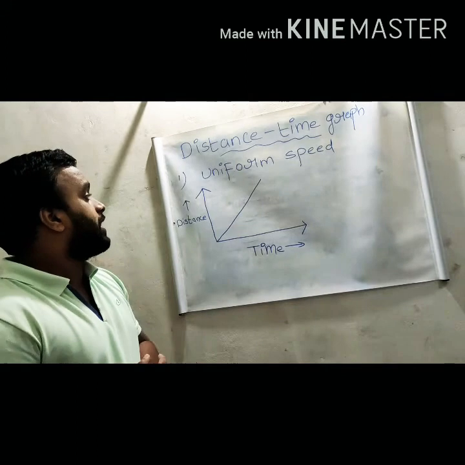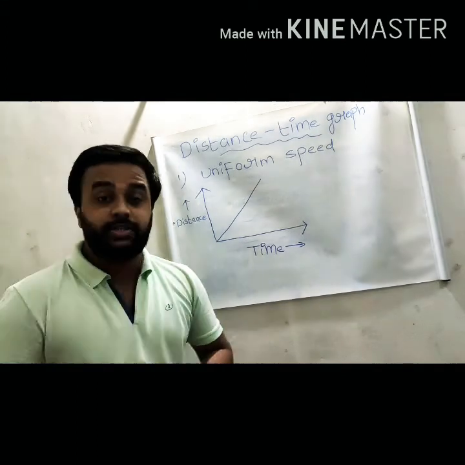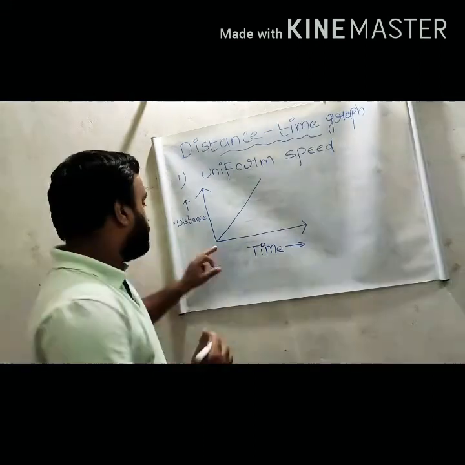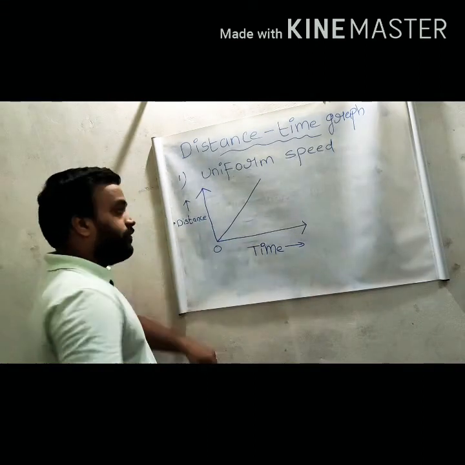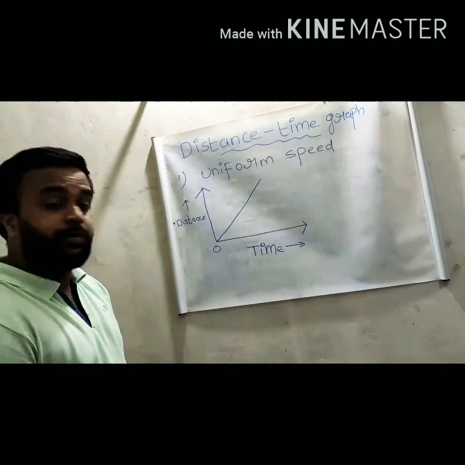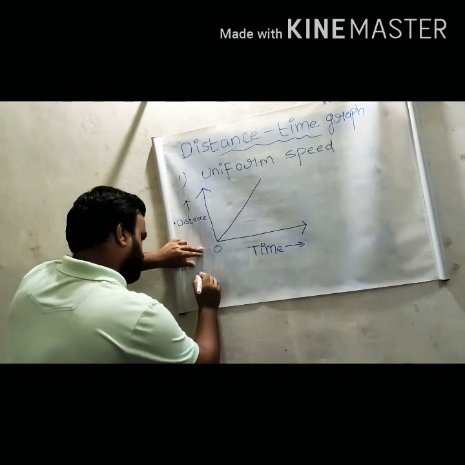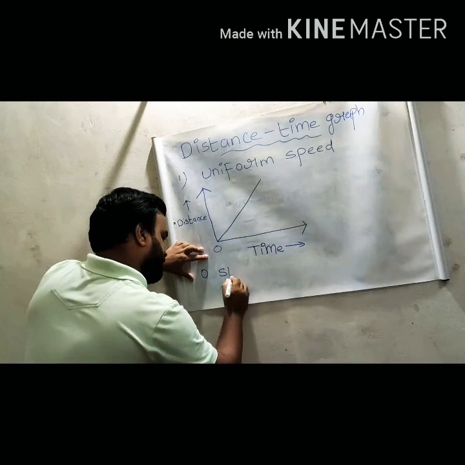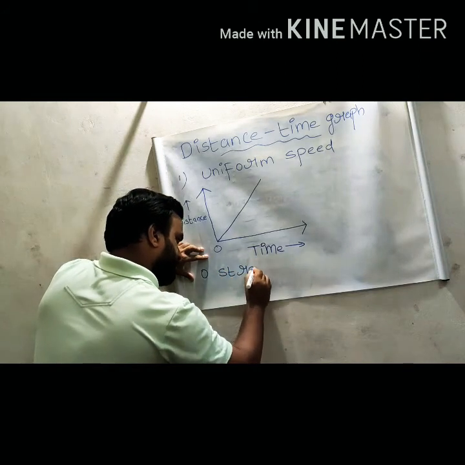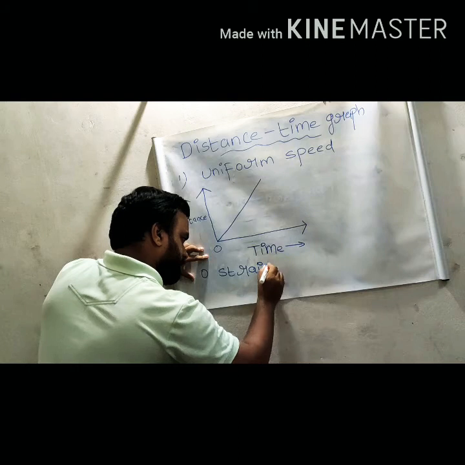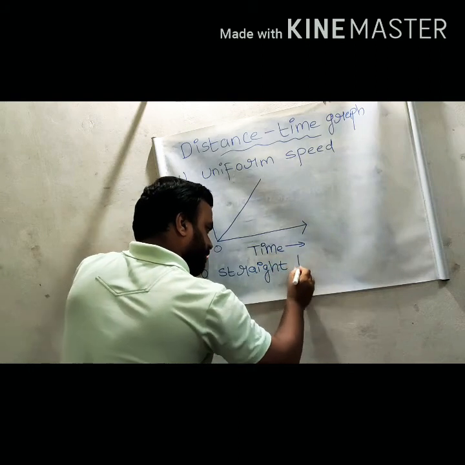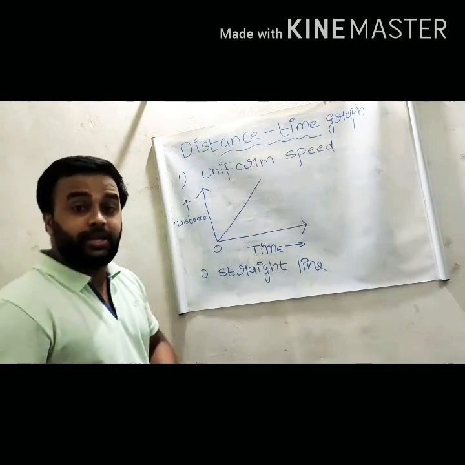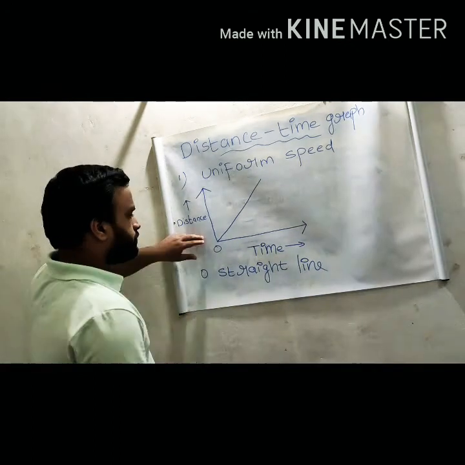So the distance time graph for an object moving with uniform speed will be a straight line from the origin.